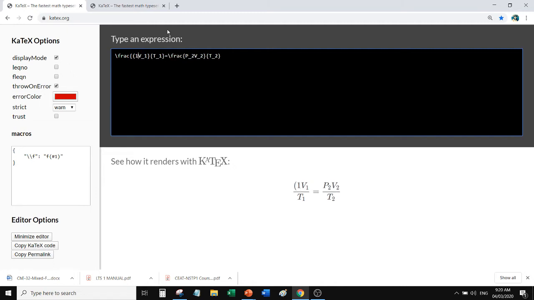This is 1 bar, this is 12 meter cube. We don't know T2. P2 is 12 bars. V2 is 1 meter cube.